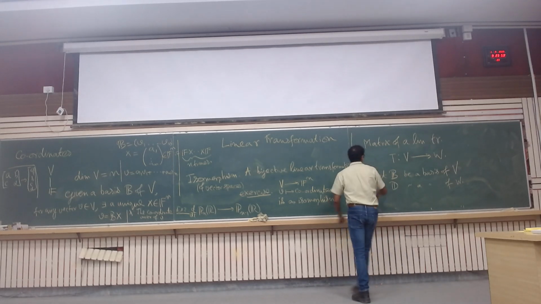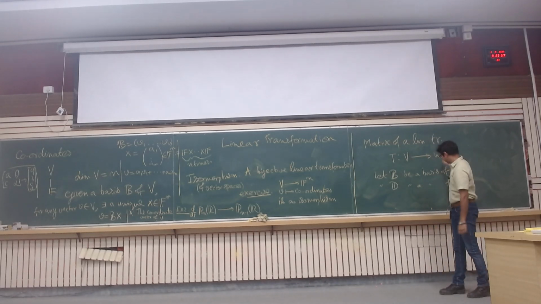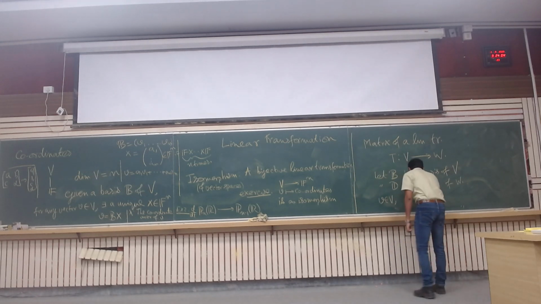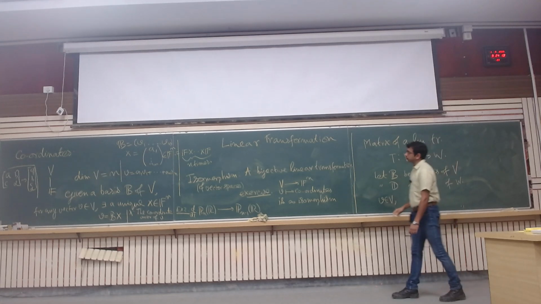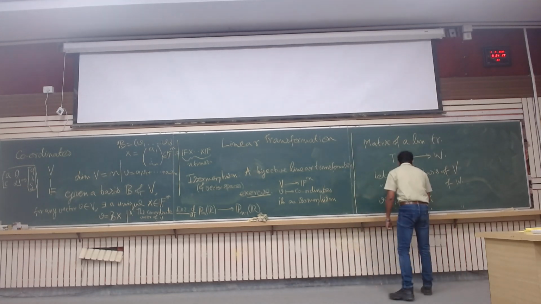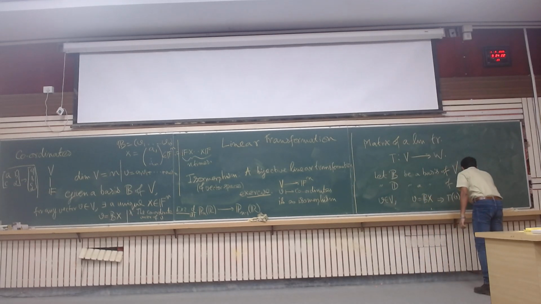So this is just mapping the vectors V to their images, some W. Say a vector V in V, you can write it as V is equal to Bx, where x is the coordinate of V, right? And then since a linear transformation is compatible with taking linear combinations, T of V will be T of Bx.